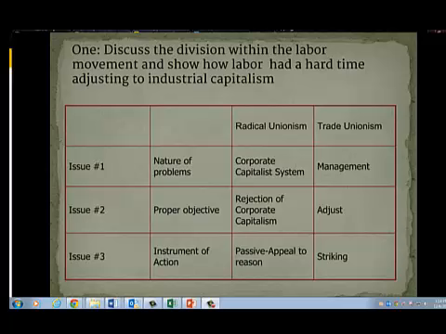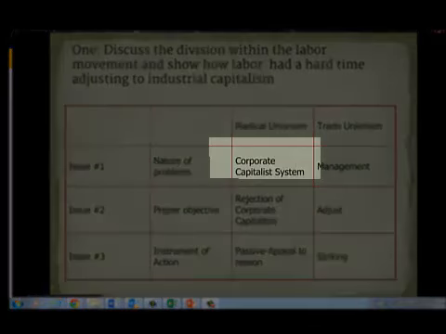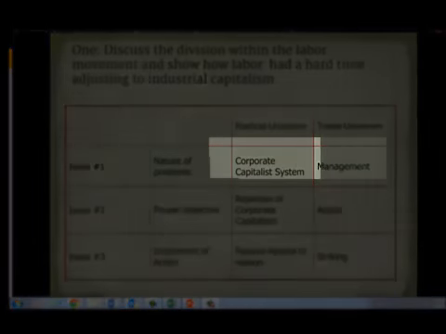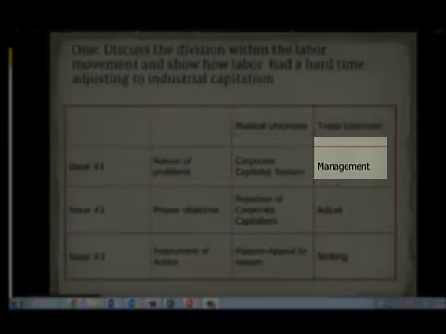But the problem for these unions, radical unions and trade unions, and I'll give examples of those in the next learning objective, but just for now, looking at the issues: looking at the nature of the problem, radical unions are going to point their fingers at the entire corporate capitalist system, where trade unions are going to say the problem lies with management.